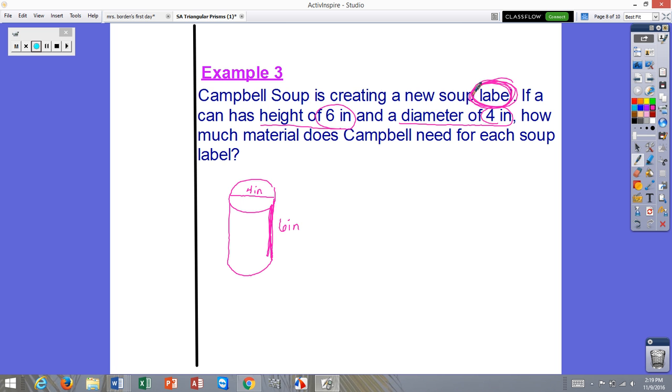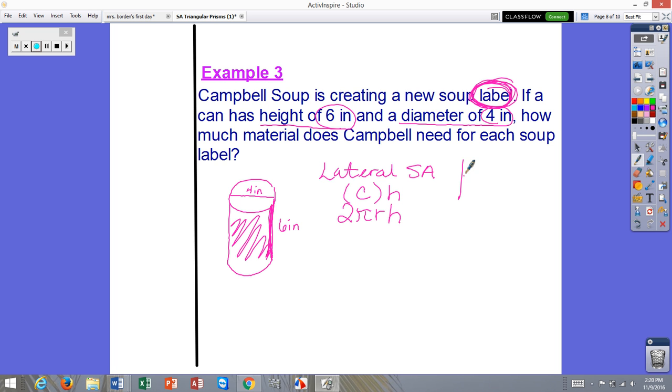And we talked about this in class. The label is the amount that's going to wrap around the circles. That's the lateral surface area only. So we're just doing lateral surface area. Lateral surface area is that 2 times pi times radius times height we just talked about. The circumference is this piece times the height.